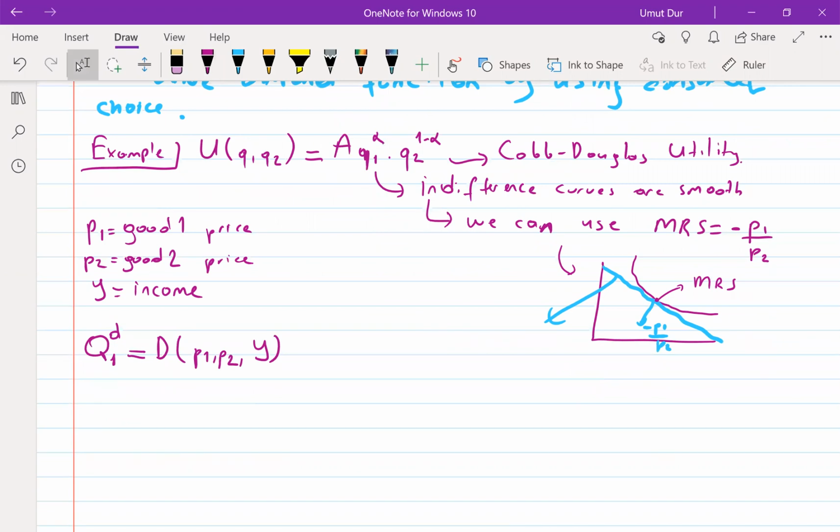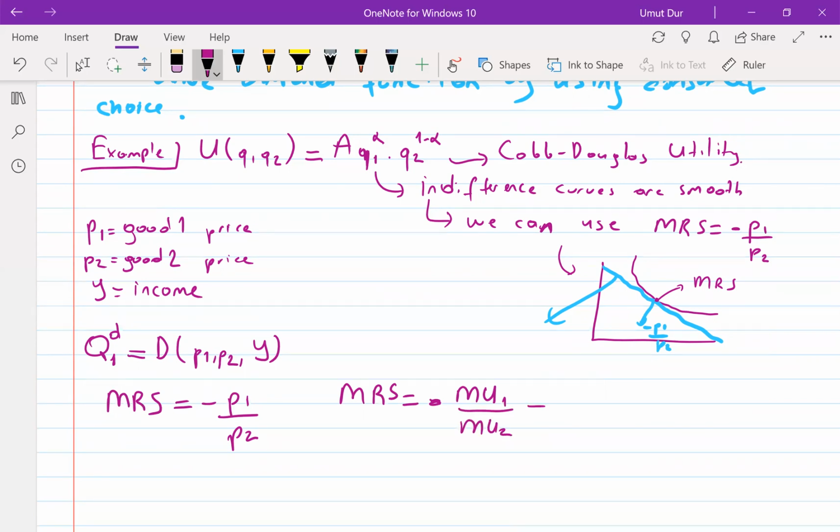The first thing that we do for this kind of utility maximization is equalize MRS to the ratio of the prices. What is MRS here? It is the negative ratio of the marginal utility of good 1 divided by the marginal utility of good 2, that is du over dq1 divided by du over dq2.